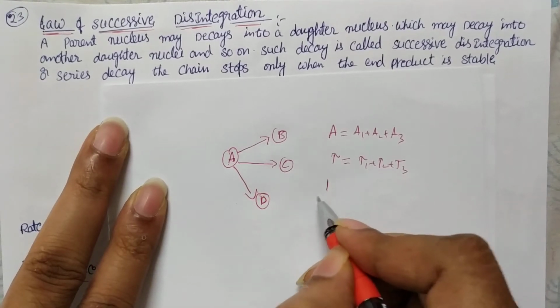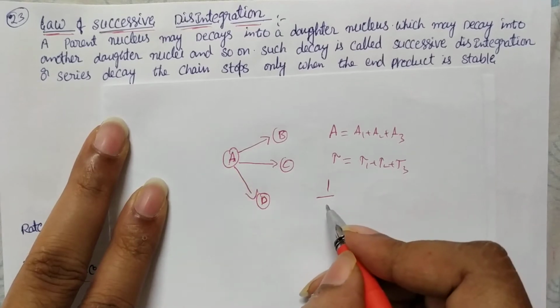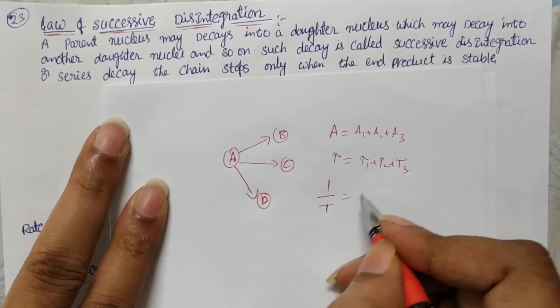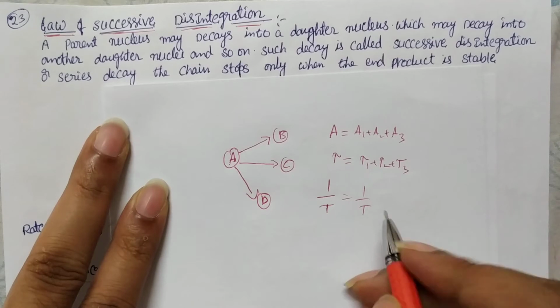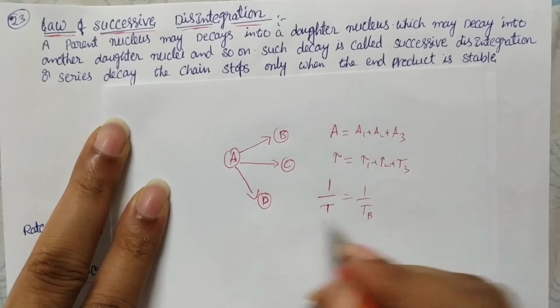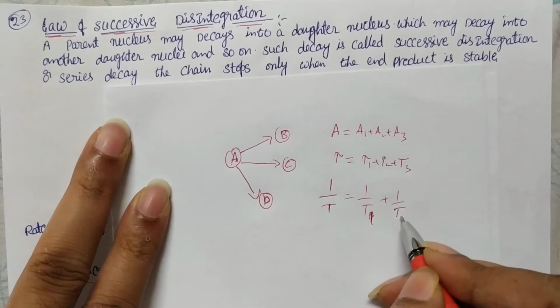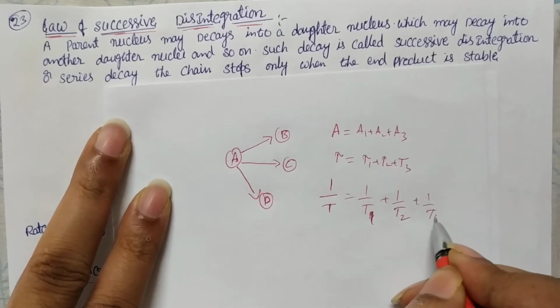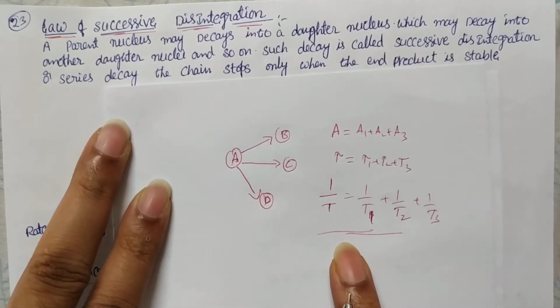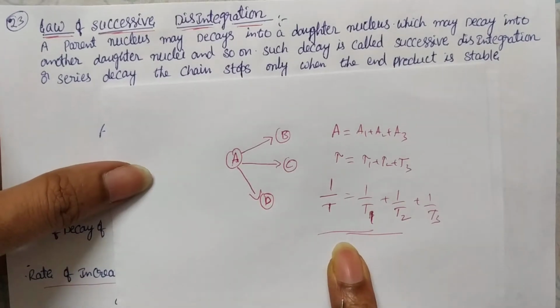And what is the half-life time period? 1 by T is equal to 1 by the half-life of the conversion of A to B, plus 1 by the half-life of the next path, nothing but you can take 1 by T1, plus 1 by T2, plus 1 by T3, like this we can apply. This we already discussed in the parallel disintegration concept.